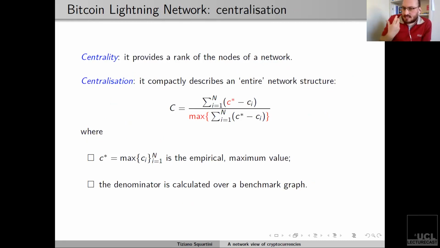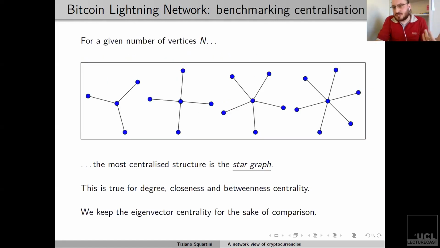Now we also asked ourselves, okay, so is the structure becoming, for example, more and more similar to a star? Because if you think of a network structure, the star graph is the most centralized structure that you can imagine, because you have one center and all the other nodes around.